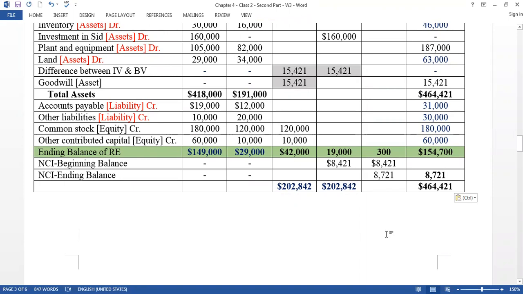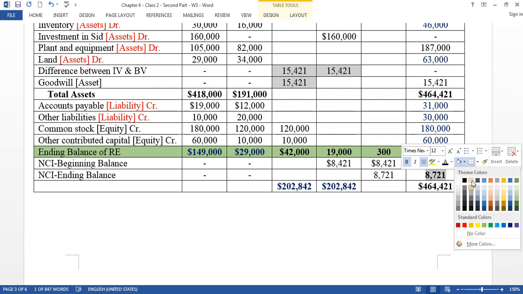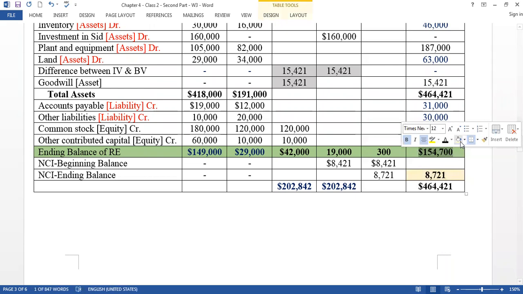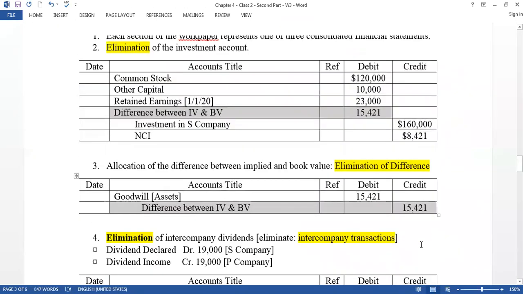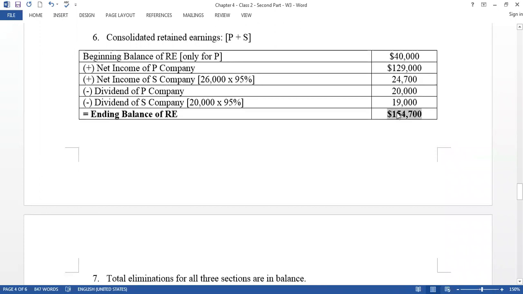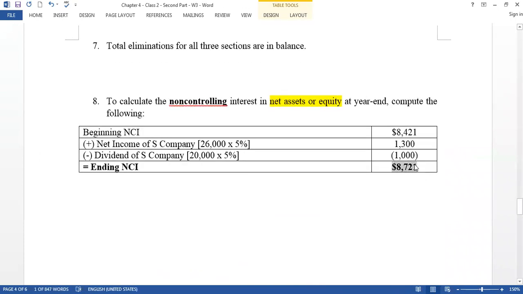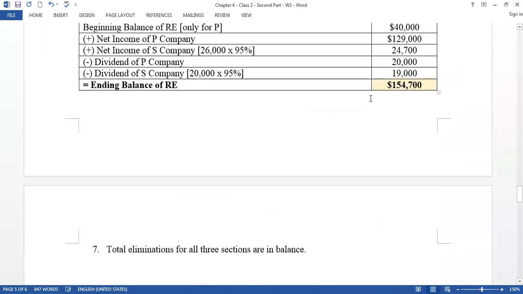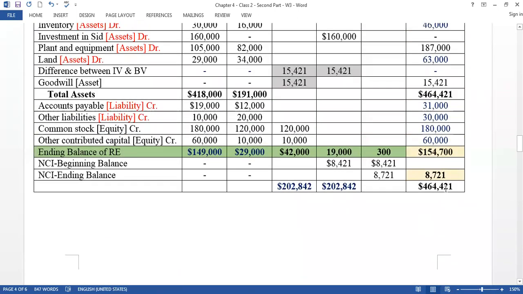Because these two accounts were already calculated here. So you can do this kind of working to make sure that these numbers are accurate. And we find that this is the total account.